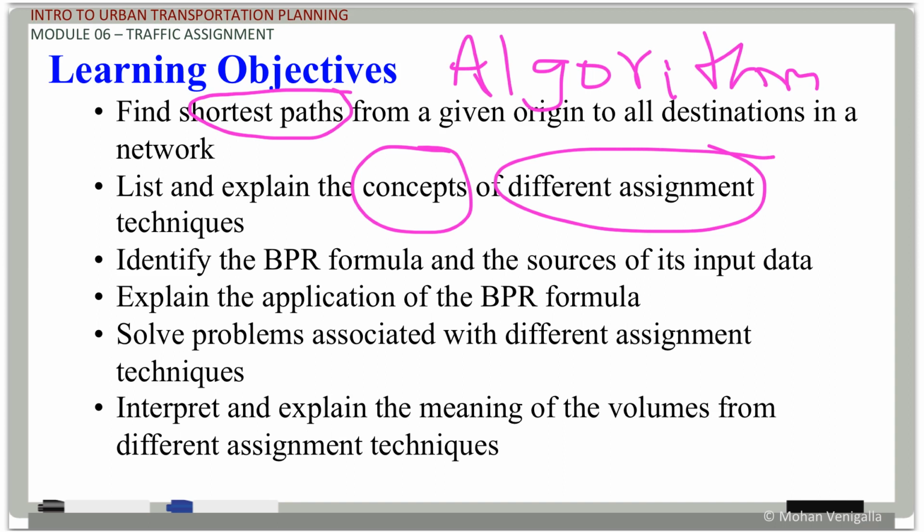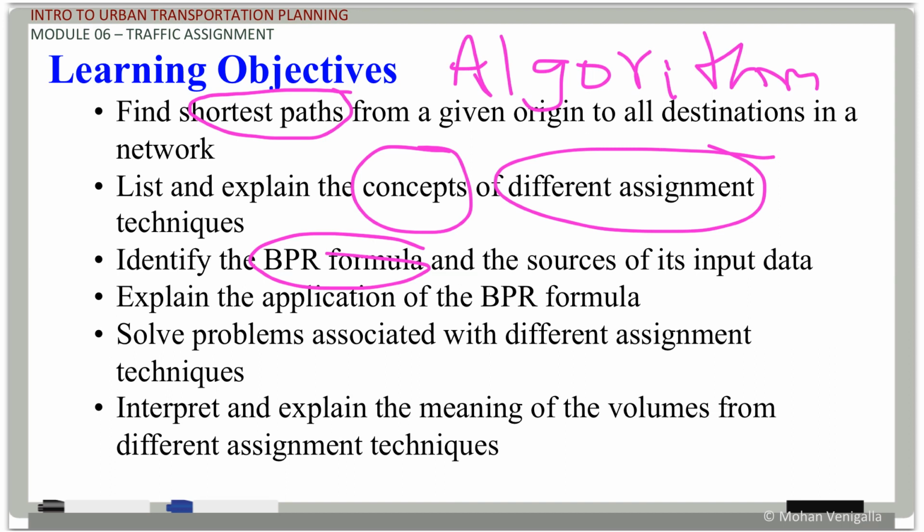So when you take that into account, that is called capacity restraint. The fundamental building block of that is the speed-flow relationship, and that is essentially the BPR formula. The BPR formula is a very popular speed-flow relationship which is used in traffic assignment. You're going to learn a little bit about that.